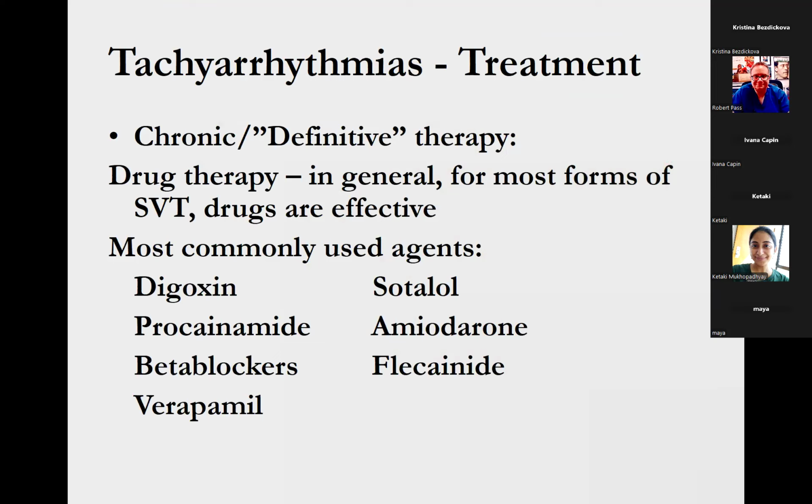Drug therapy in general is effective for most forms of SVT, and this is a list of some of the more common agents that we use to treat SVT, which again, of course, is the most common arrhythmia that we encounter. And these are things like digoxin, procainamide, beta blockers, verapamil, sotalol, amiodarone, and flecainide are probably the most common agents that you'll see us use almost exclusively.